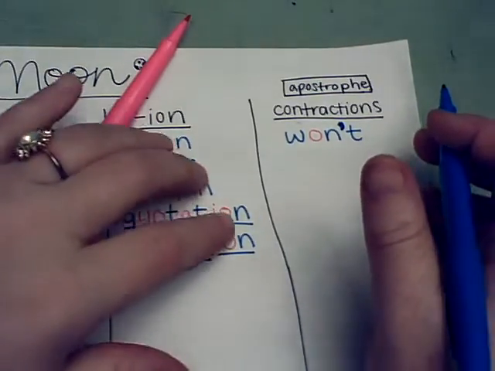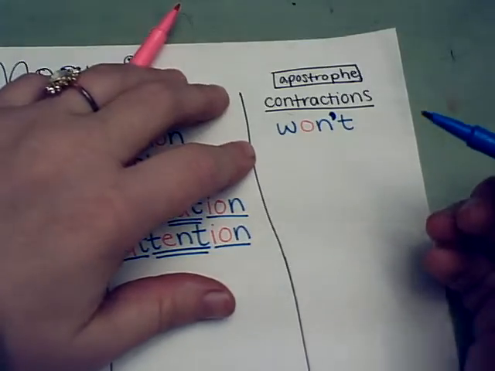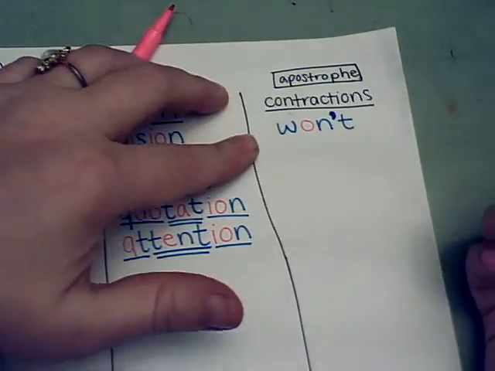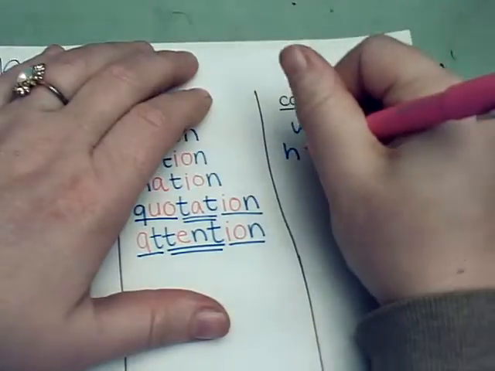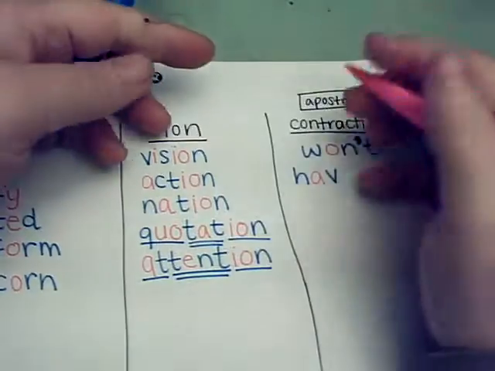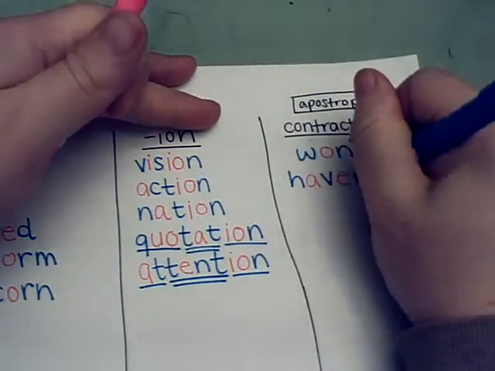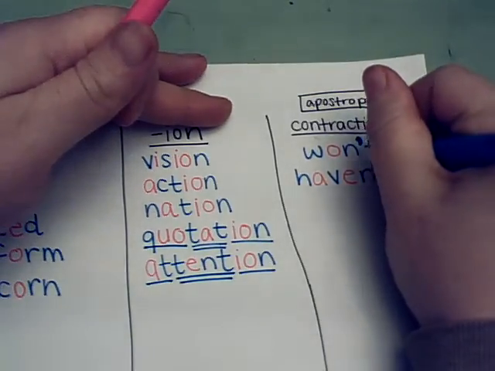So let's do two more that have not in it. So let's do have not. Haven't. So we're going to do H-A-V-E. That's the word have. Haven't. So N-T. And then we're going to do our apostrophe right here.